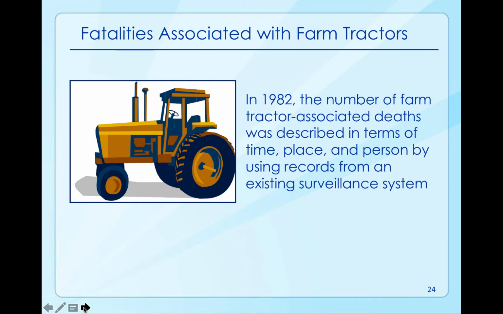He determined he could examine this problem by using readily available data, death certificate records that were included in an existing surveillance system. And he obtained these death certificate records for all deaths that occurred in Georgia from 1971 through 1981 that were associated with farm tractor incidents.